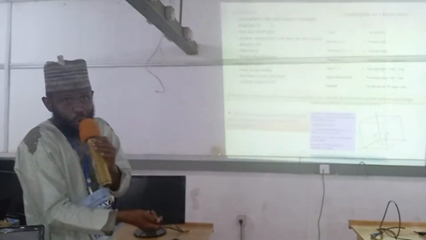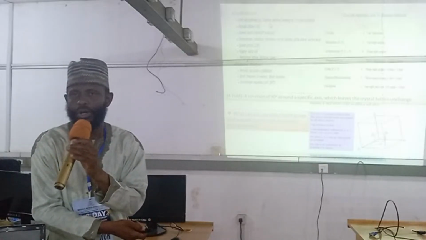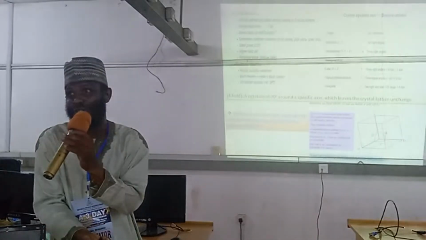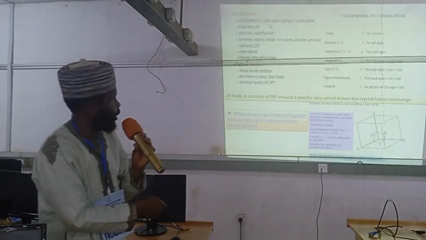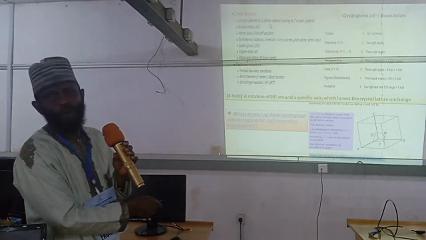And we know that a cubic is actually the highest symmetric structure you can have. So it has 3 right angles. For example, what is 4-fold here?